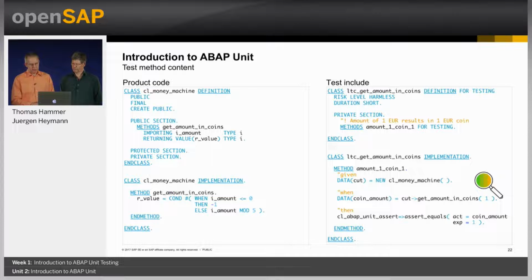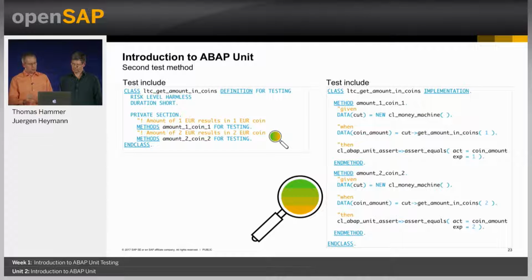And if that is equal, then everything is fine. If it's not equal, our test fails. So that's the whole story here. This assert equals statement we will see later. That's also part of the ABAP unit framework. Okay, so now we have our first test method.